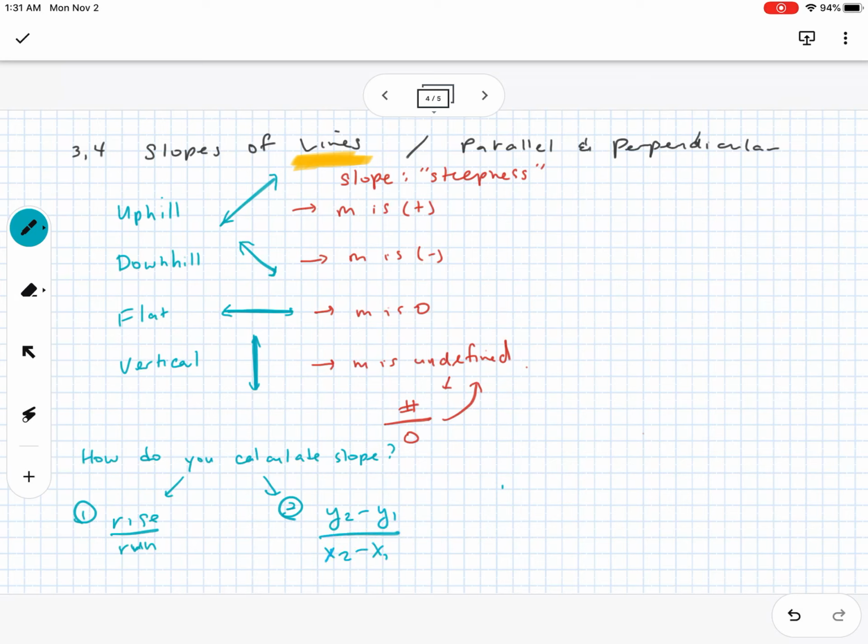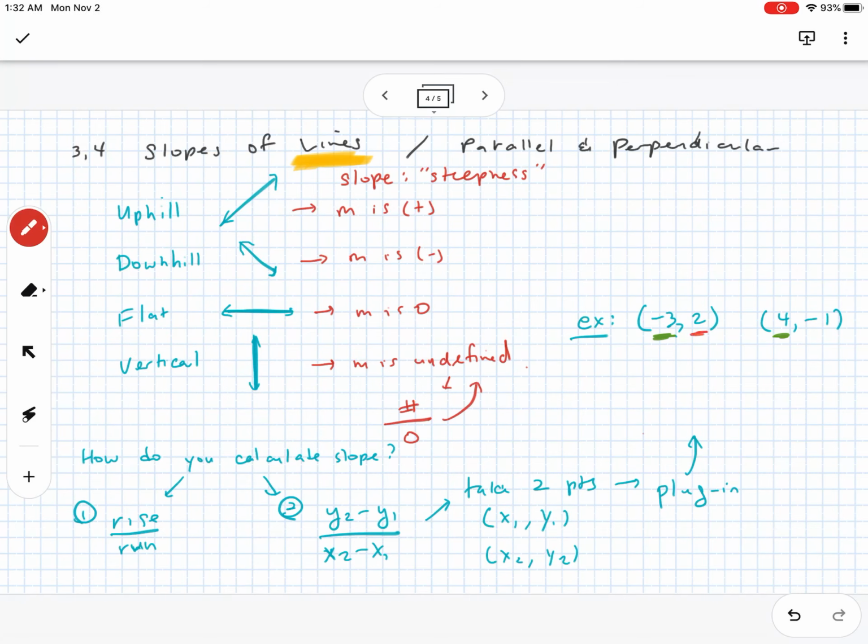Or number two, you can do y2 minus y1 over x2 minus x1, which just means that we take 2 points, and we'll call them x1, y1, x2, y2, and then you find their slope. So a quick example here: let's say we have -3, 2 and 4, -1.